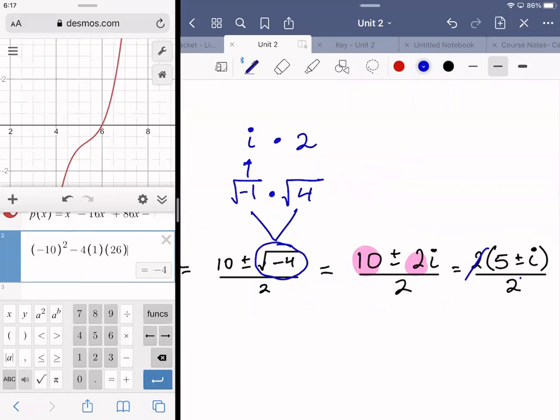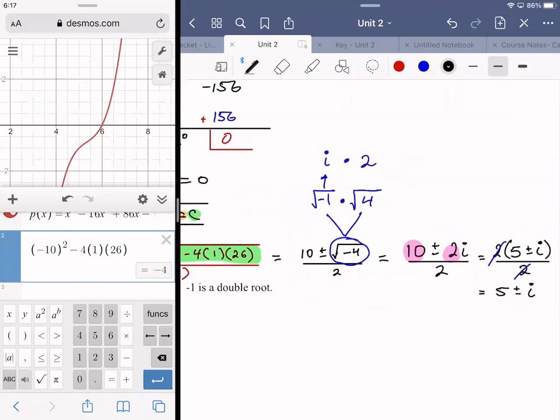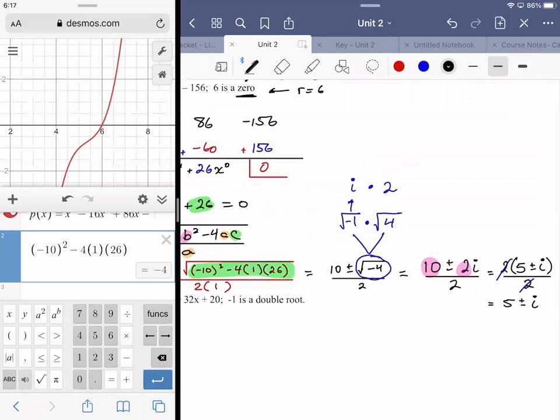The 2s would then cancel, and we get our complex roots, 5 plus or minus i. We were expecting 3 roots. We found 2 roots. They gave us 1, so we have a total of 3 roots. They say zeros, we say roots.